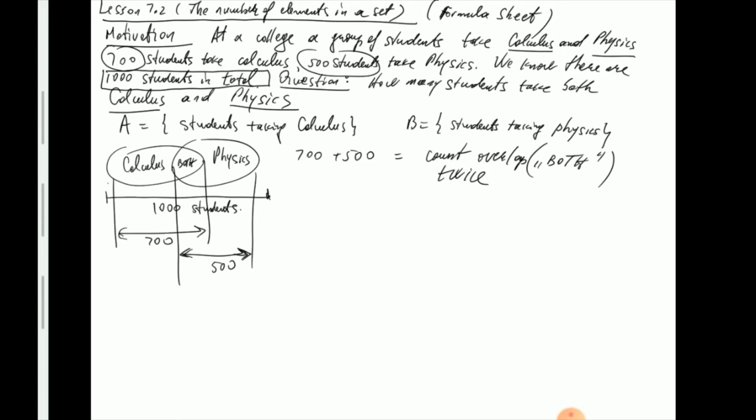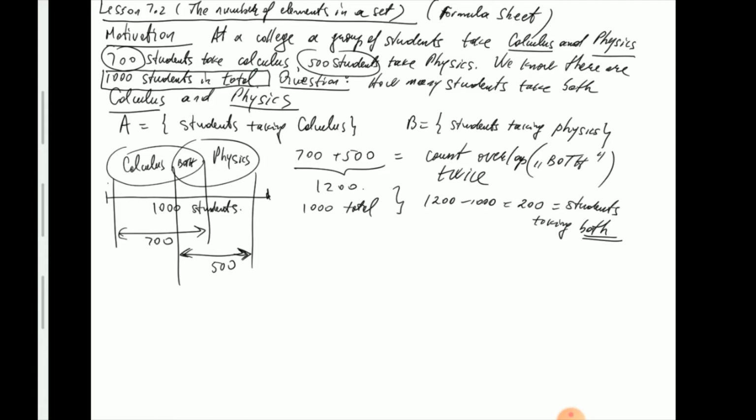So if I add 700 with 500, I count those who take both courses twice. The sum is 1,200 compared to the 1,000 students in total, and the difference is the number of students counted twice. So in other words, 200 is the number of students taking both calculus and physics.